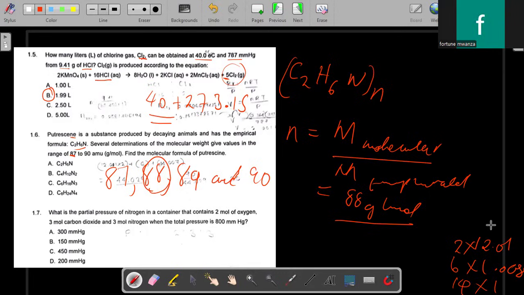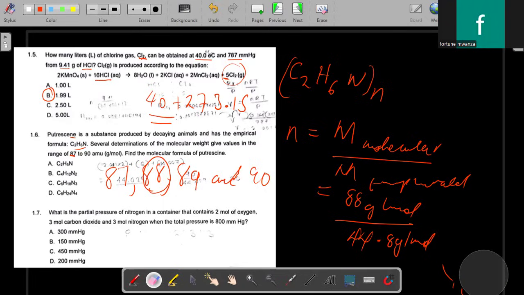I add these and find the molar mass of my empirical formula to be 44.8 grams per mole. I divide those two, and I'm getting a 2. So the value of n is 2.